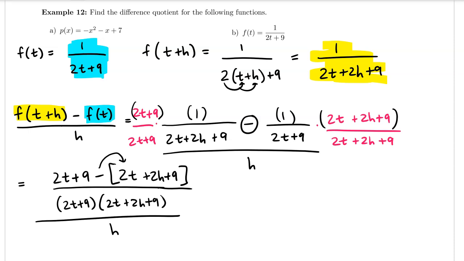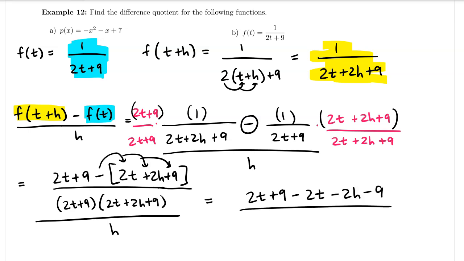Let's go ahead and distribute this minus sign. That's going to give us 2t plus 9 minus 2t minus 2h minus 9 over 2t plus 9 times 2t plus 2h plus 9 all over h.